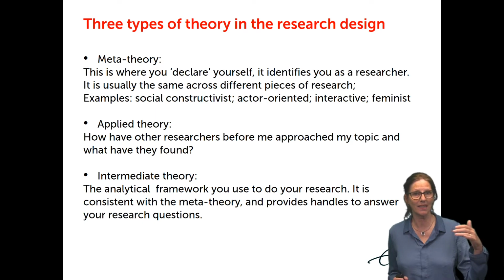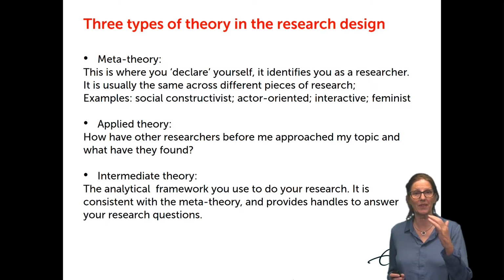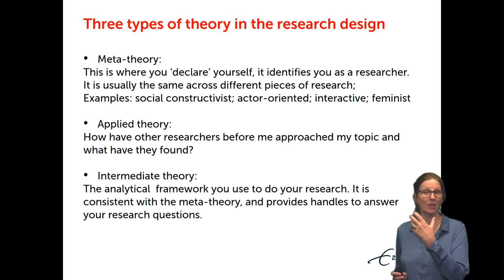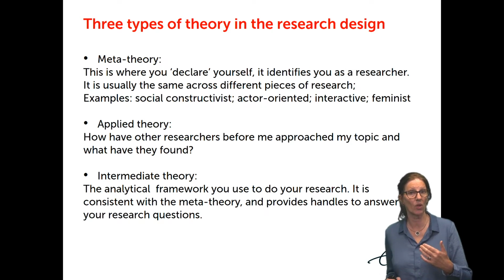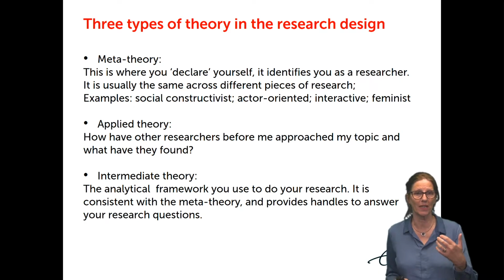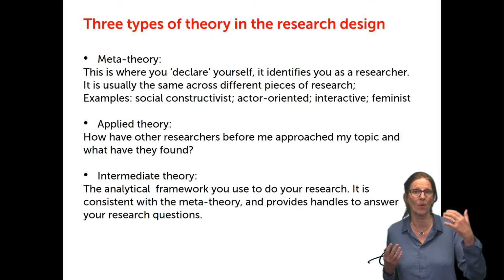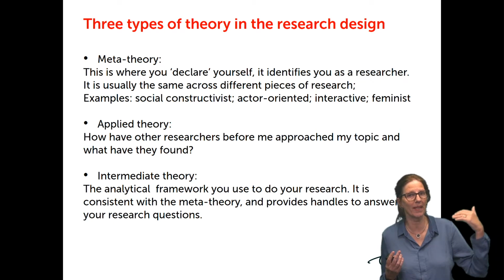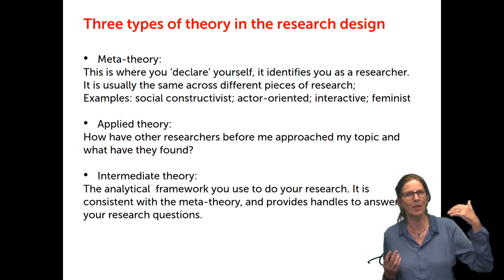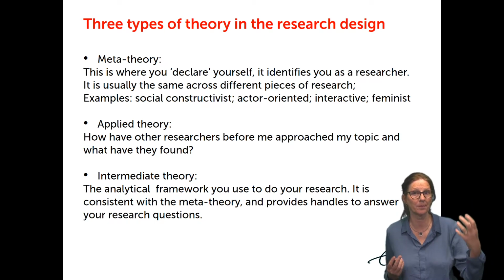In different types of research I do throughout the years, I may still say I'm a social constructivist, I'm actor-oriented, I do interactive research, or I'm a feminist researcher. Those are meta-theoretical declarations behind which there's of course a large body of theory and a way of thinking, almost the way you look at the world.